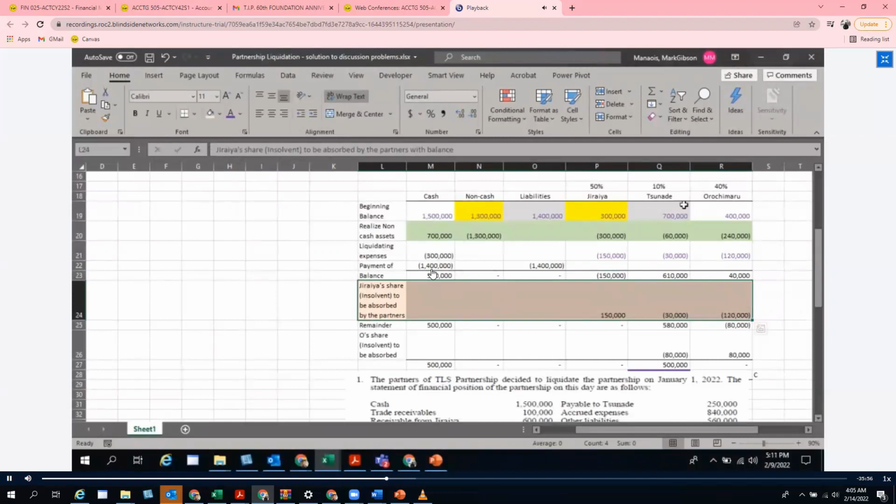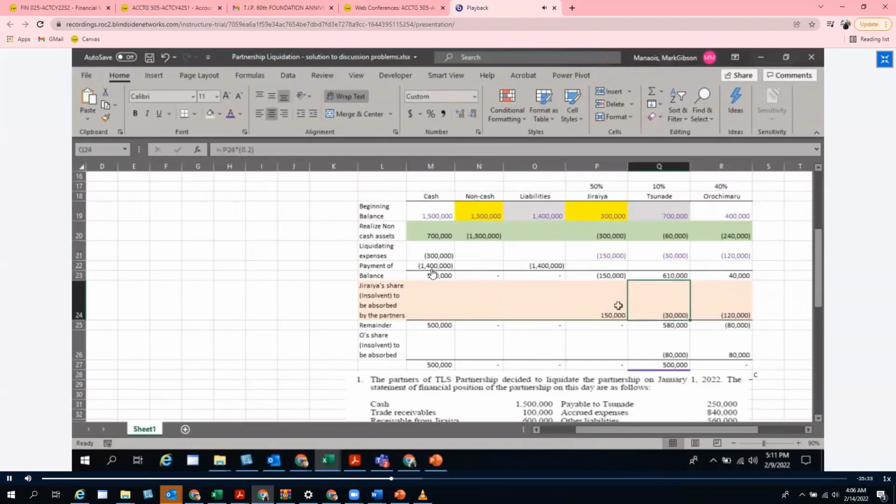So pansinin mo, si Tsunade and Orochimaru, they still have balances in their capital account. So, paano natin ngayon to split? Of course, we have to split this using their original profit and loss ratio. So, 150,000, paano natin split? It's 10 over 50 and 40 over 50.